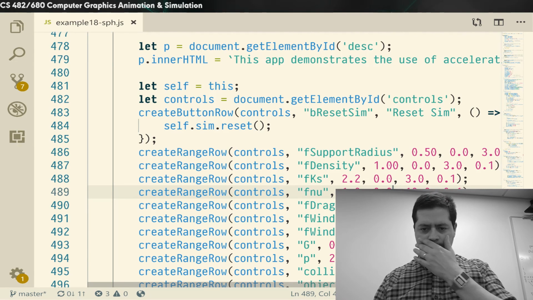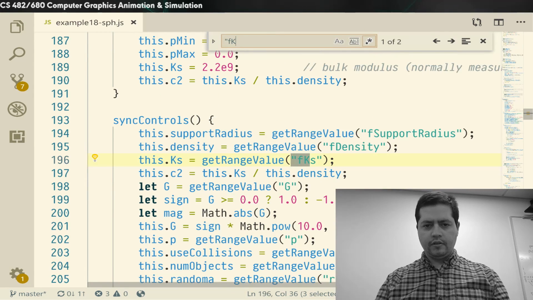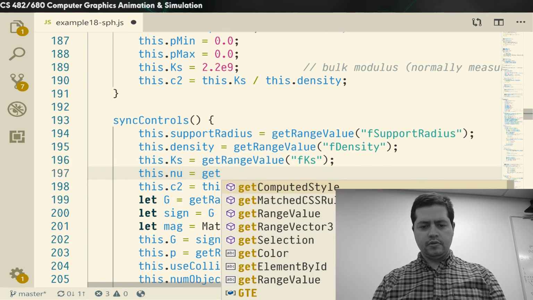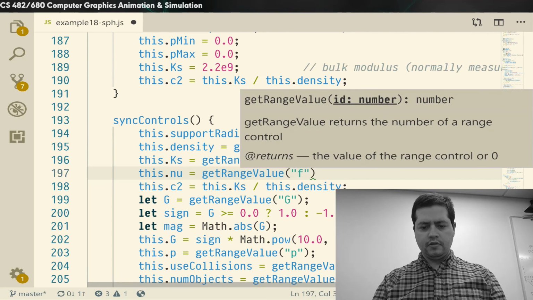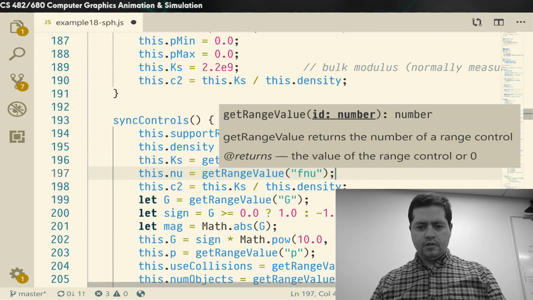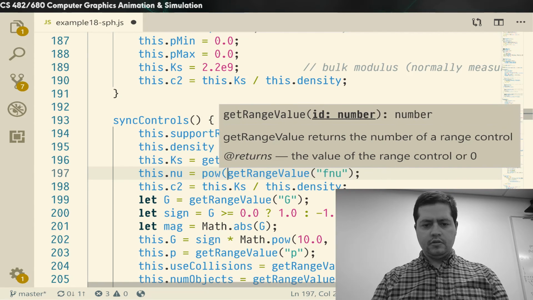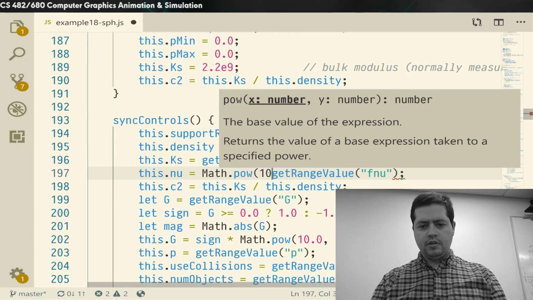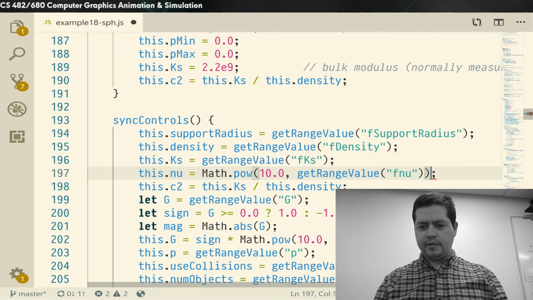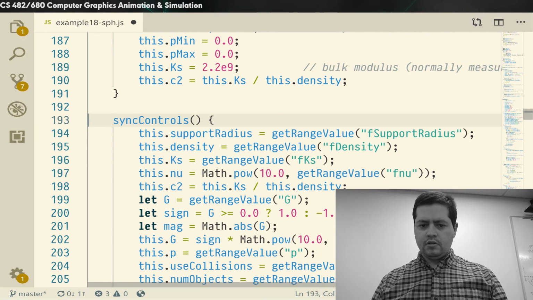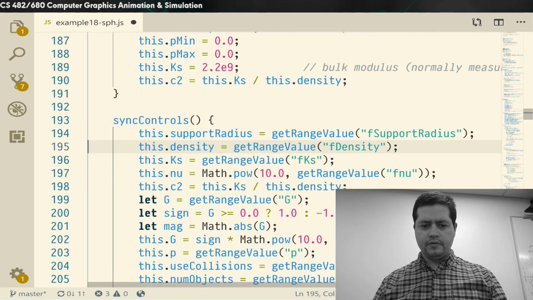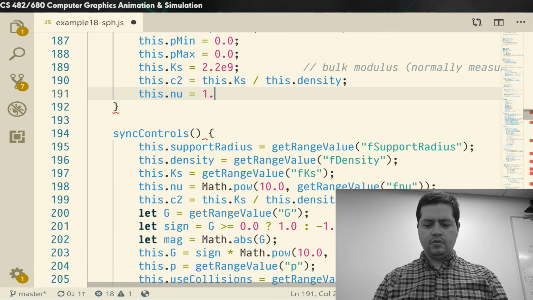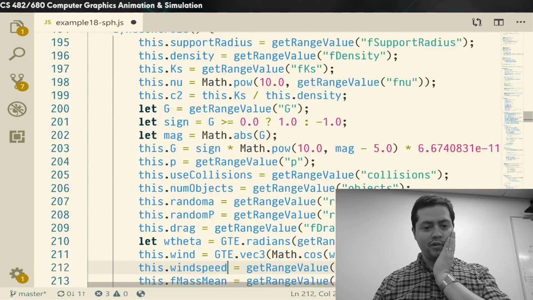Let's go from there. Okay, this dot new equal, power of 10.0 to whatever that value is. We'll just set the initial value to 1.0.